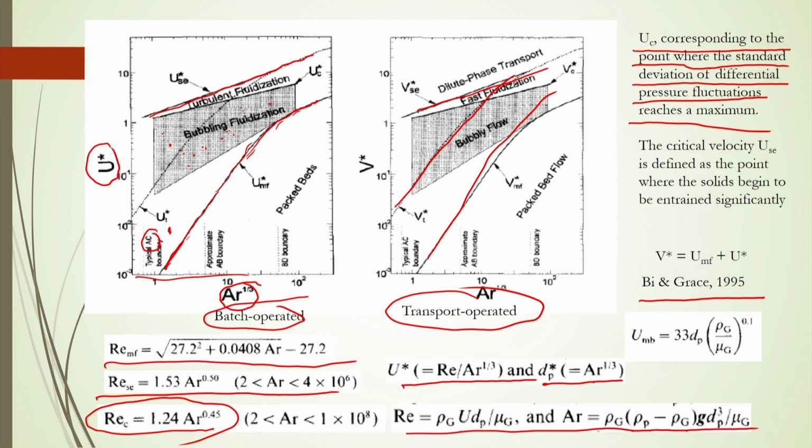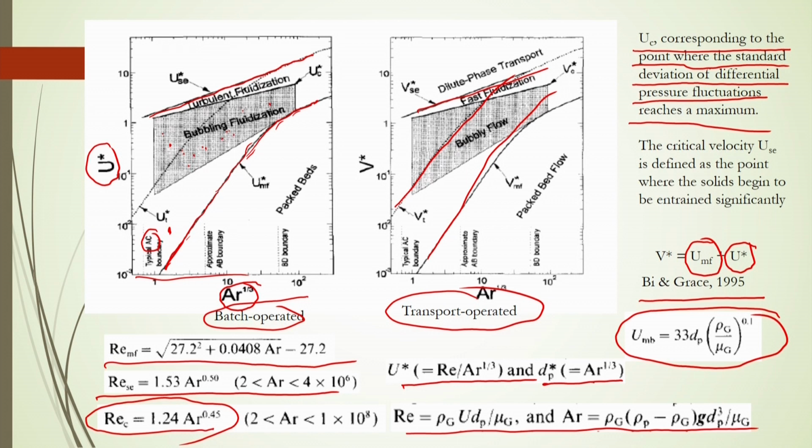Now, this is very important: whenever you are working with a transport operated fluidized bed, you have to consider the fluidization velocity beyond the minimum fluidization, and you have to add the minimum fluidization along with the operating fluidization condition there.